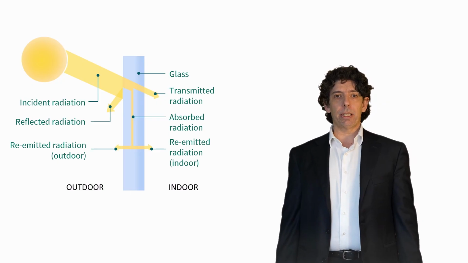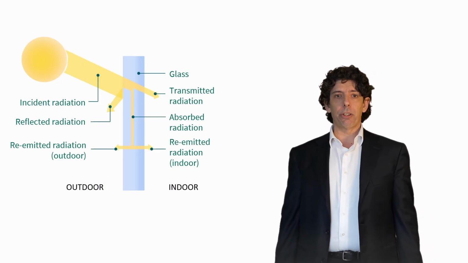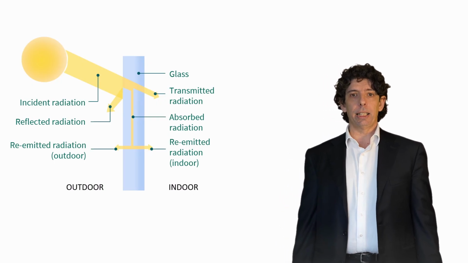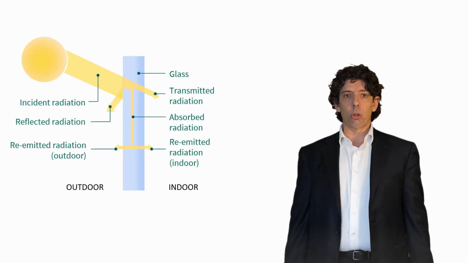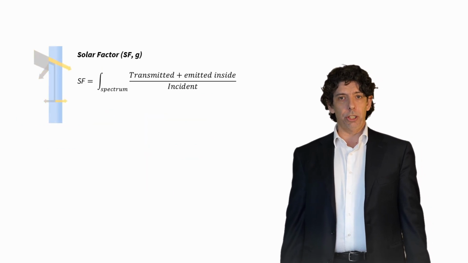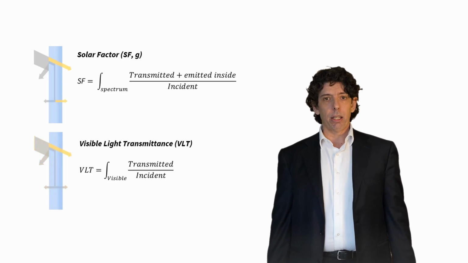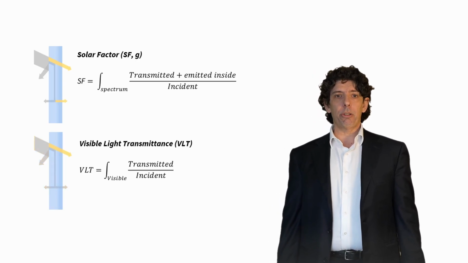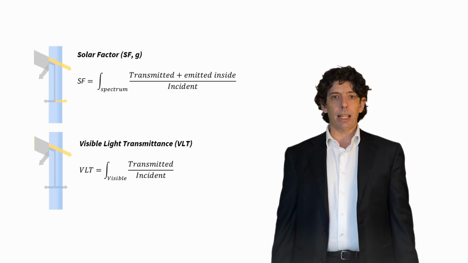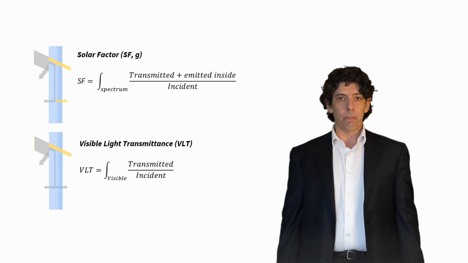This behavior can be summed up into two representative values, one adopted for the thermal analysis and one for the daylighting analysis, called respectively solar factor, g or F, and visible light transmittance, VLT. The solar factor is the ratio between the total radiant heat entering the room through the glass and the total incident radiant heat in the whole spectrum.